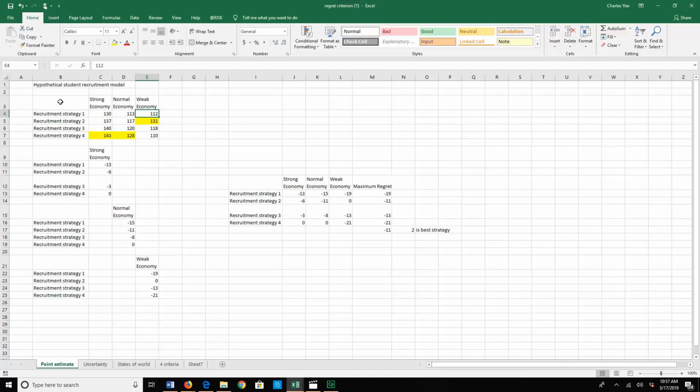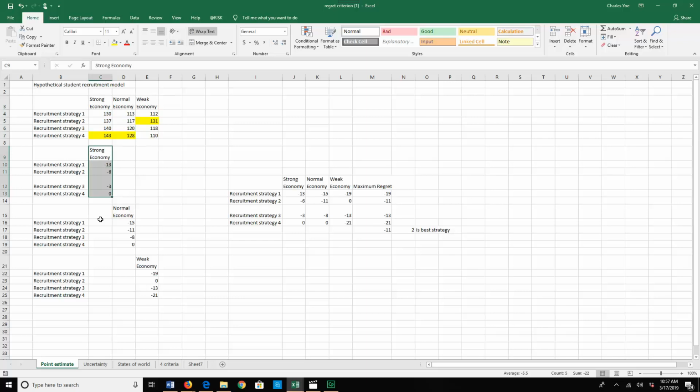So what we want to do is to take these raw data produced by our analysis and construct a regret matrix. So we're going to do that by focusing first on the strong economy. In the original matrix, I've highlighted the largest recruitment class under that economic condition.